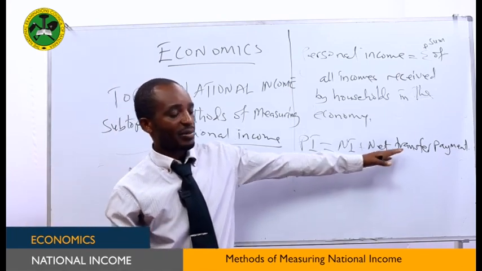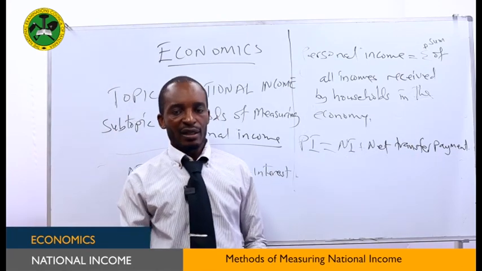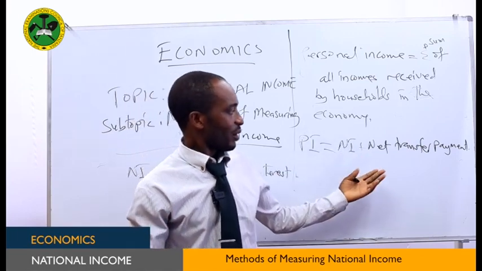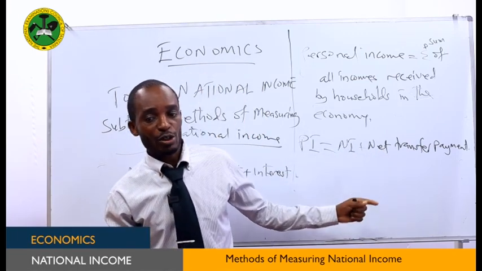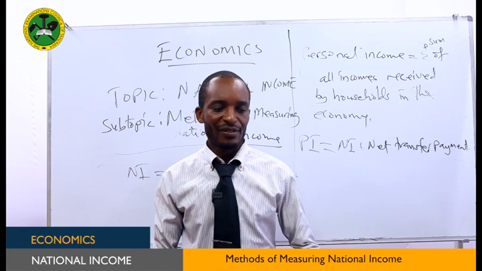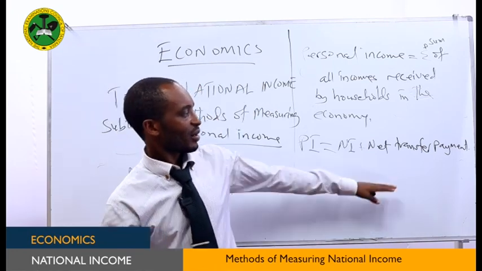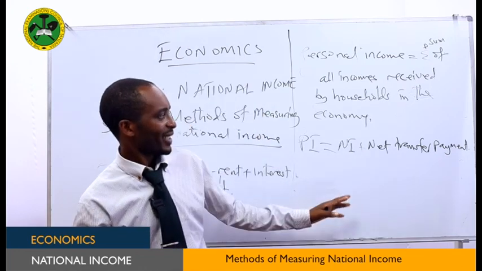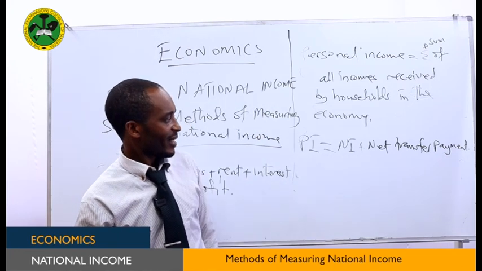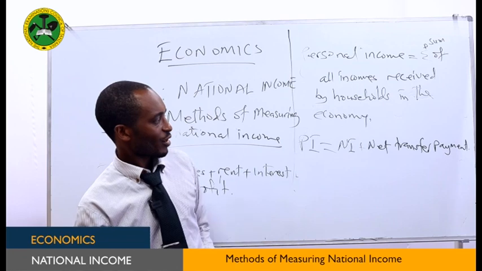And these transfer payments are money or some assistance from the government. If you receive money from either the government or private sectors, we call that a transfer payment. So when you add it to the national income, you get personal income.